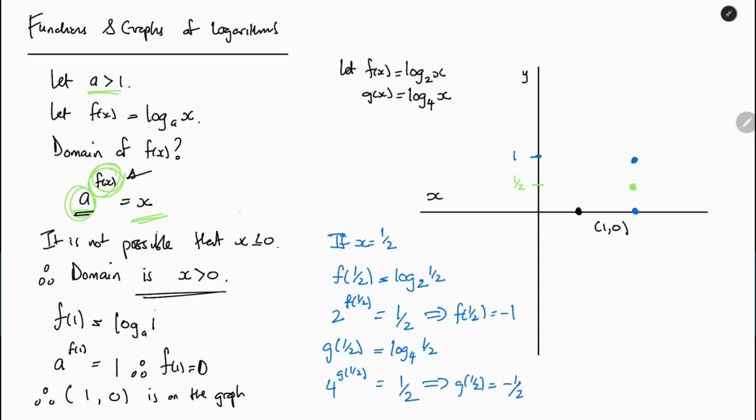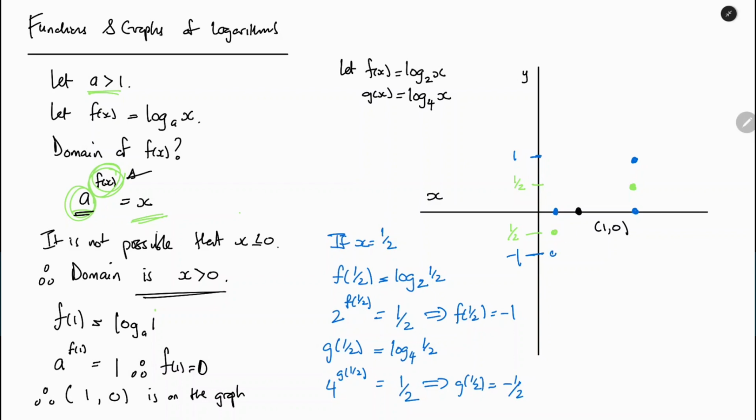Okay, so let me plot these points here. So x is equal to a half is somewhere over here, and then f of x gives me the point minus 1, so that's going to be somewhere over here, right? And g of x is going to be minus a half somewhere over here.